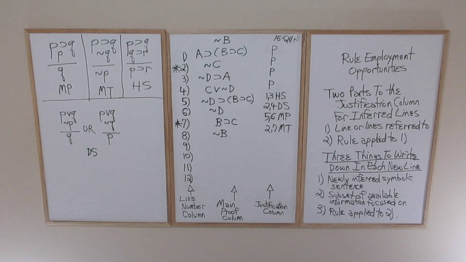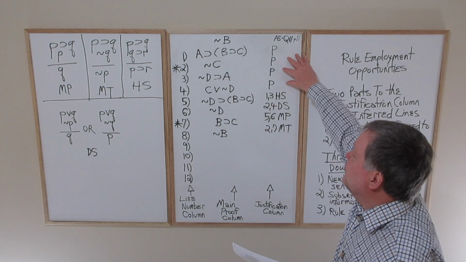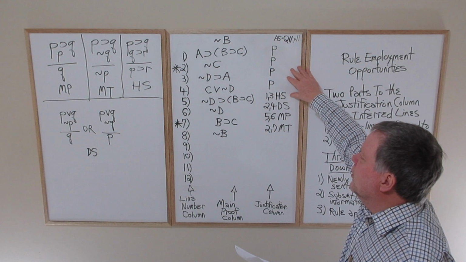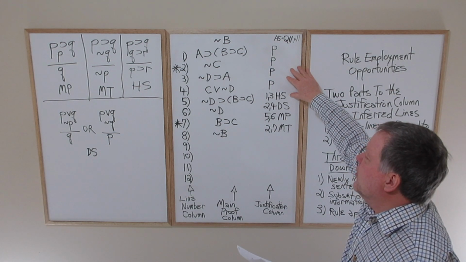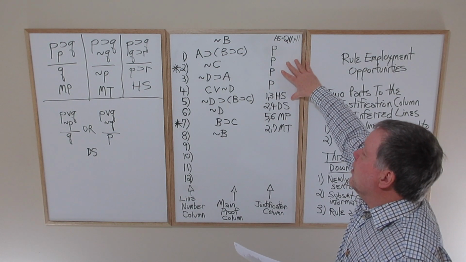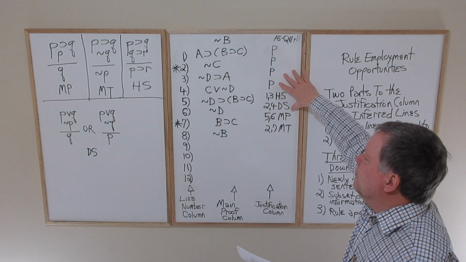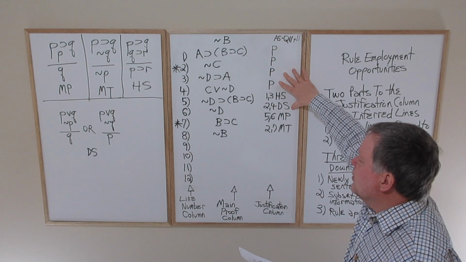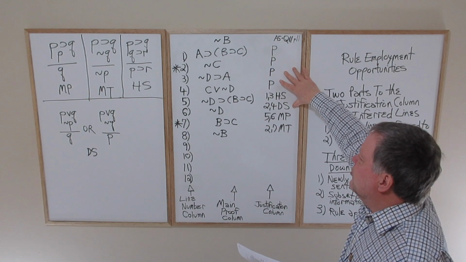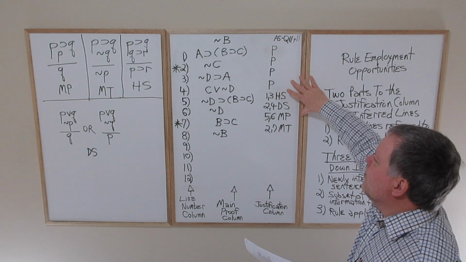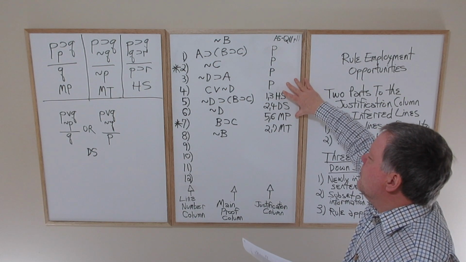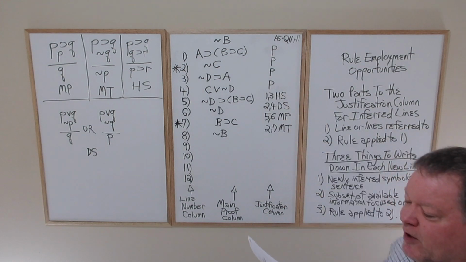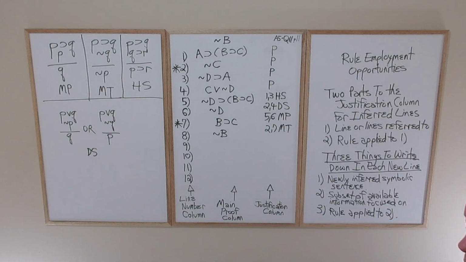Stage 3. Each proper use of a rule increases the number of sentences you have to work with. So we've seen this. We started off with 4. In line 5 we did a hypothetical syllogism. Now we've got 5 lines of information. Line 6 we did a disjunctive syllogism. Now we've got 6 lines of information. In line 7 we did a modus ponens. Now we've got 7 lines of information, and so on.